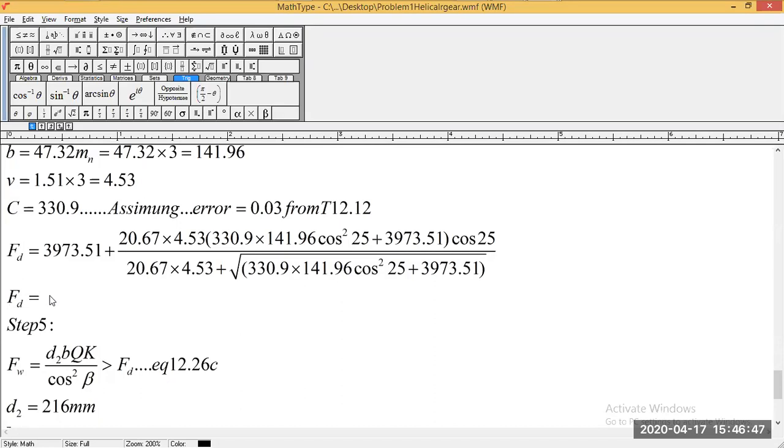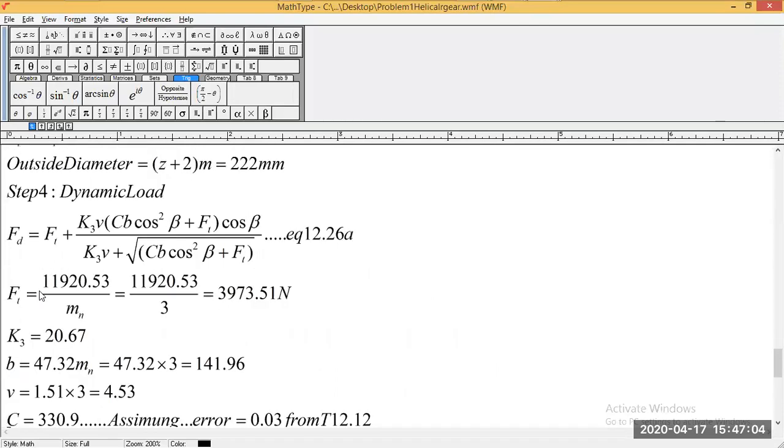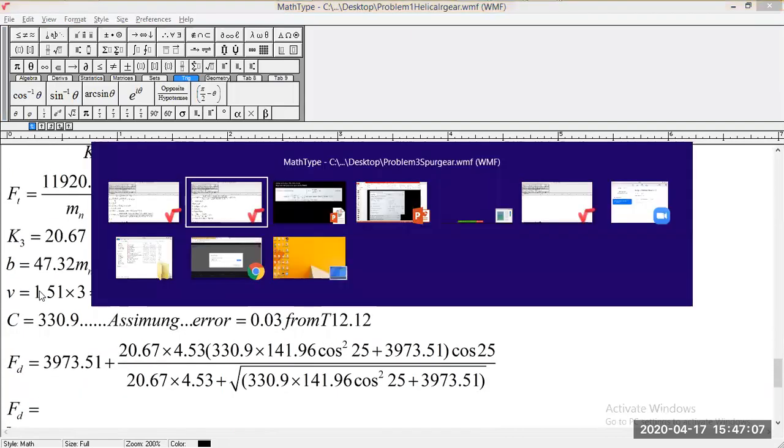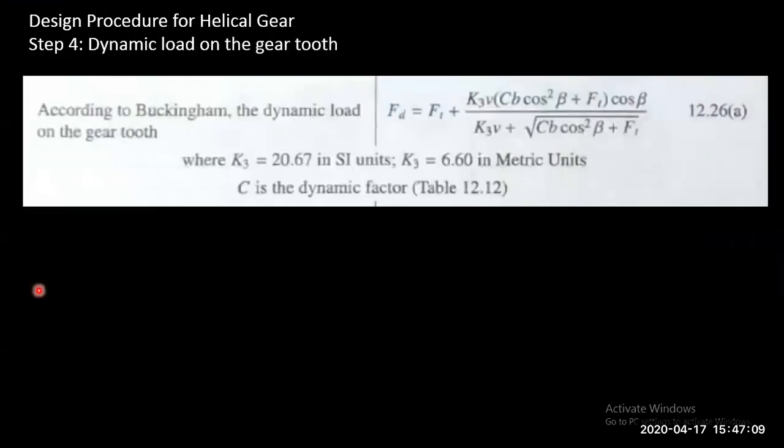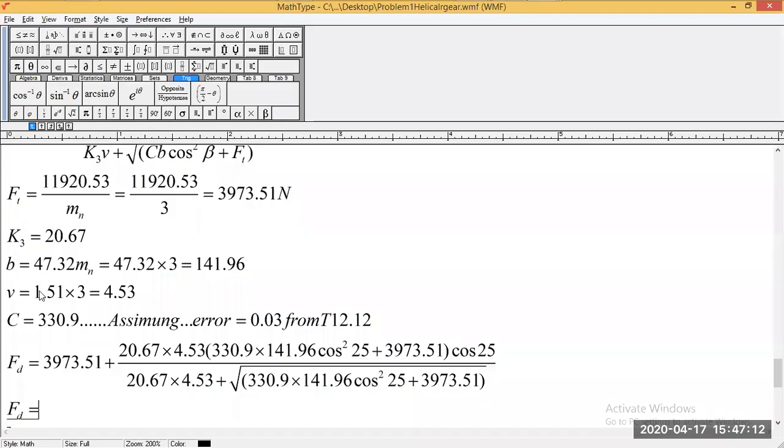Let's see, cos 25 into 141.96, 330.9 plus 51 into cos 25 and into 8.53 into 0.67.